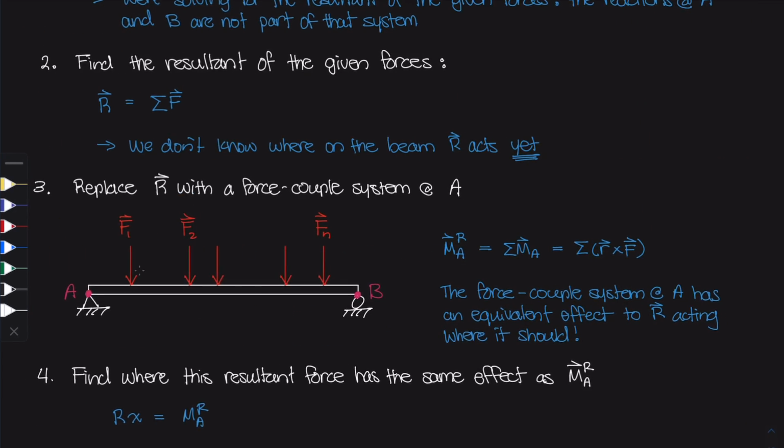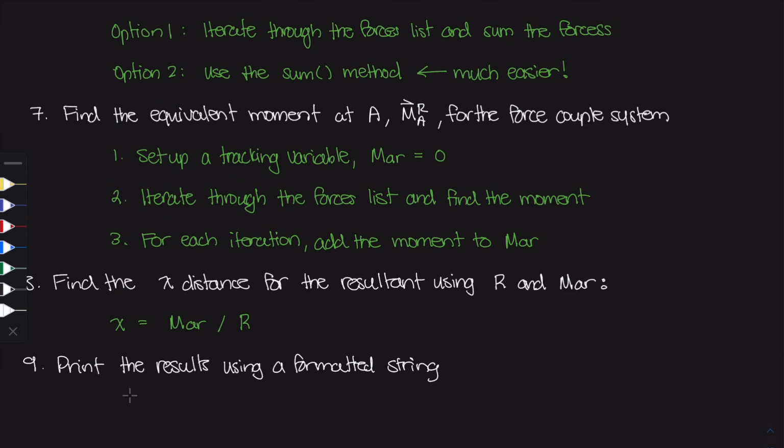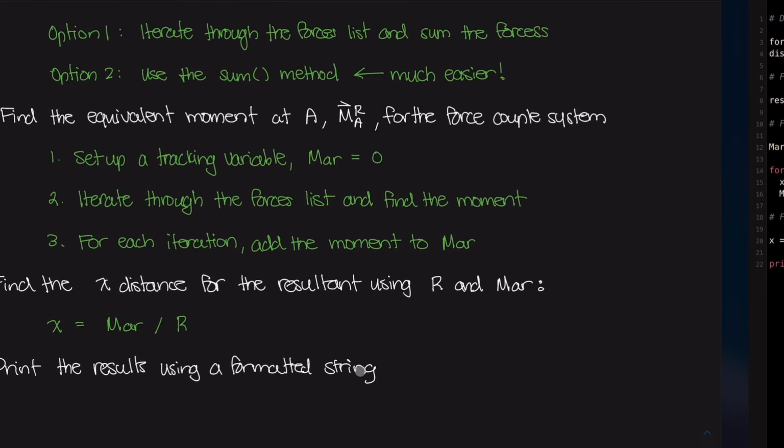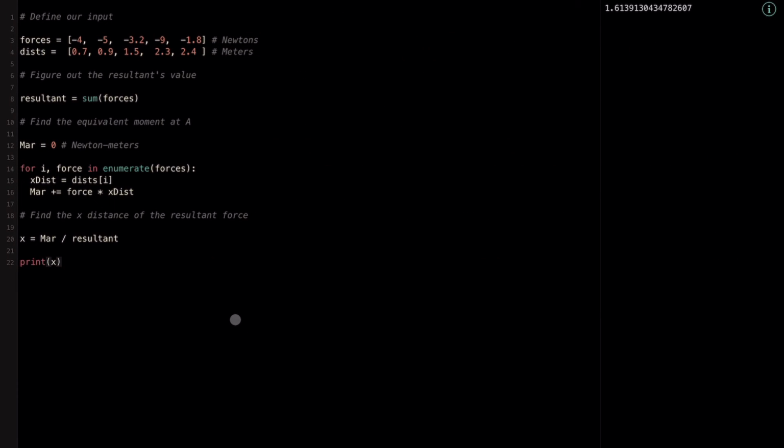Now the last step is just to print out those results using a formatted string. A formatted string is just a fancy string that we can inject these variables into, and I'll do this in the next section. So, format the answer and print it out.